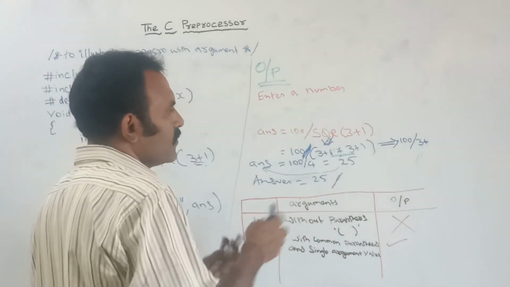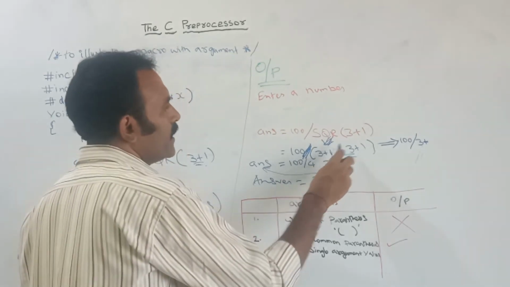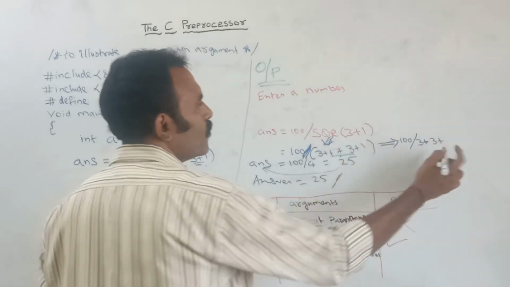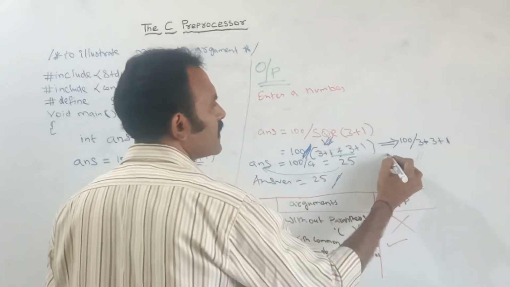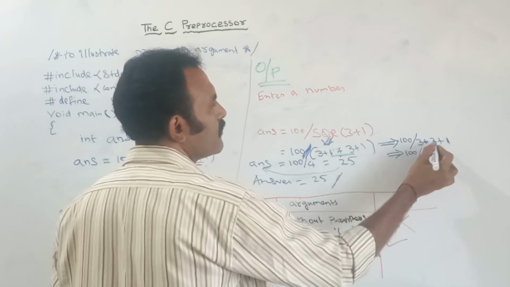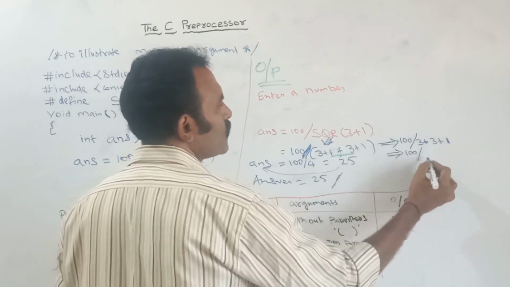So 3 plus 1 into 3 is 3, next plus 1. 100 divided by 3 plus 3, 6, 6 plus 1, 7.